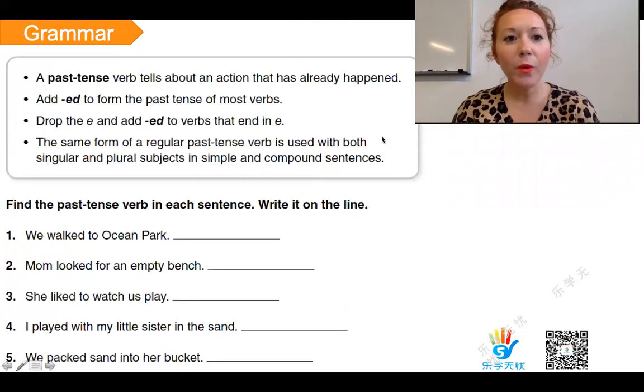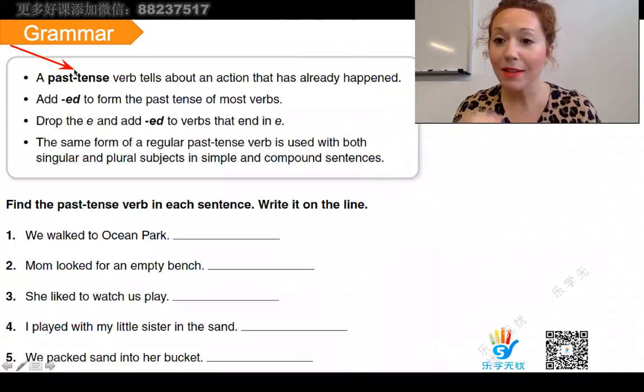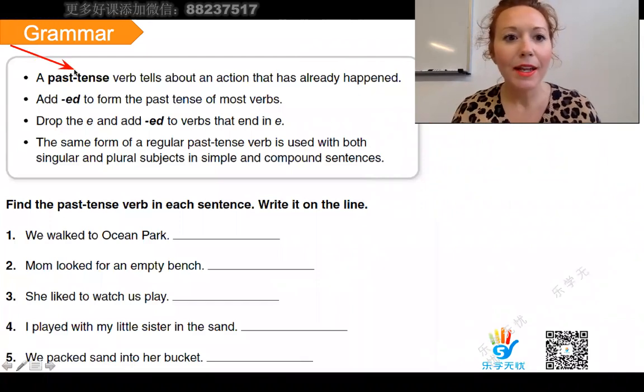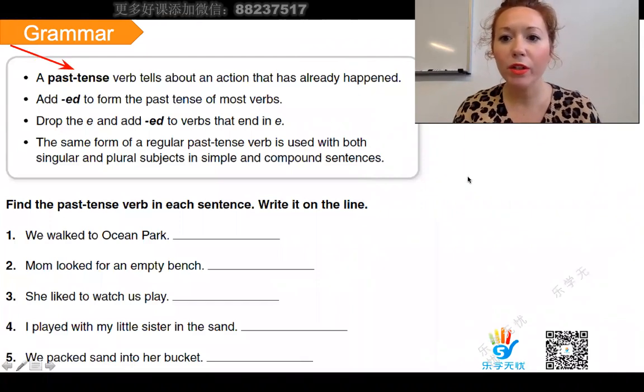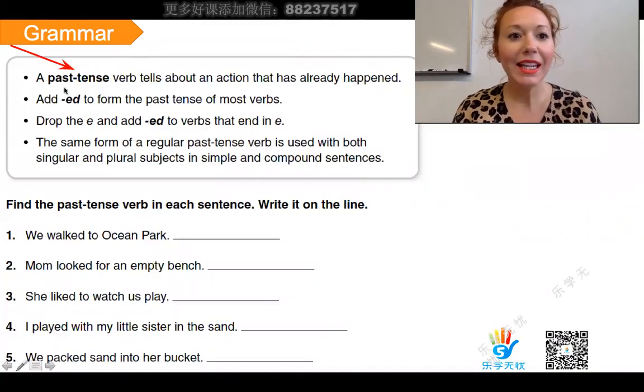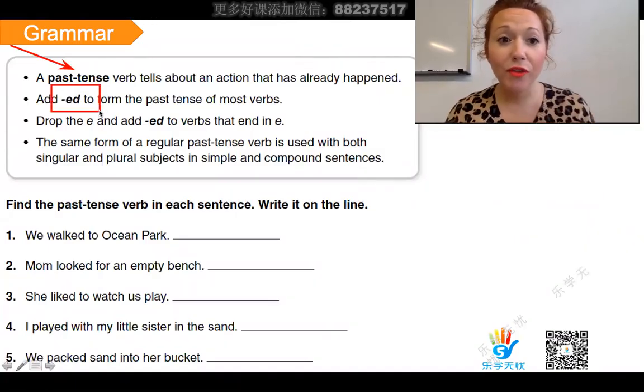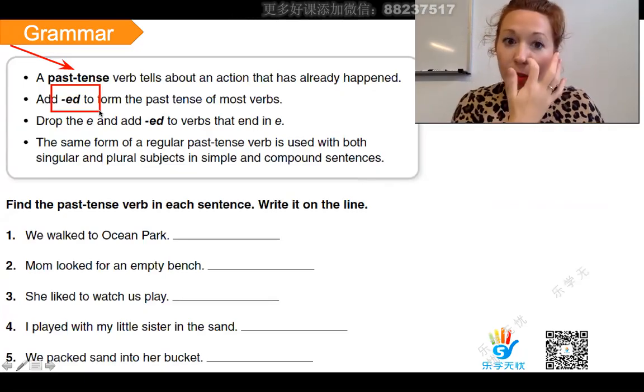Okay, so now we're going to work on past tense verbs. Now, as a review, when a verb is in the past tense, it means that a verb has already happened. And what we want to do is add an ed to most of these verbs, okay?